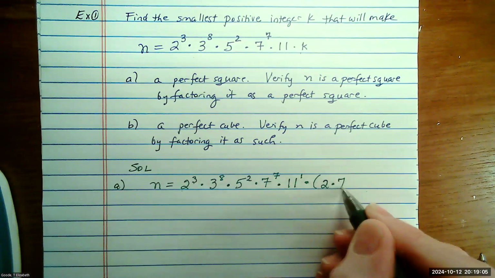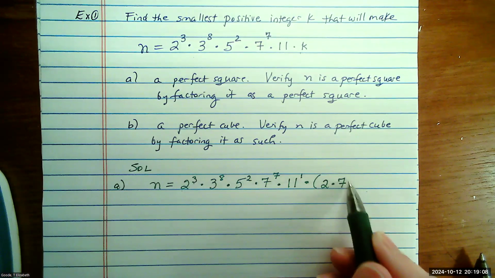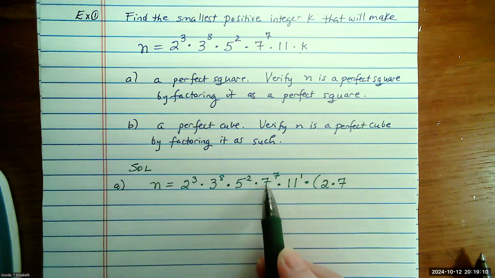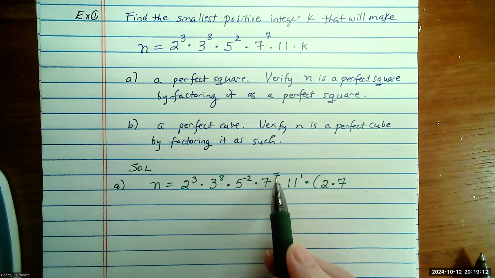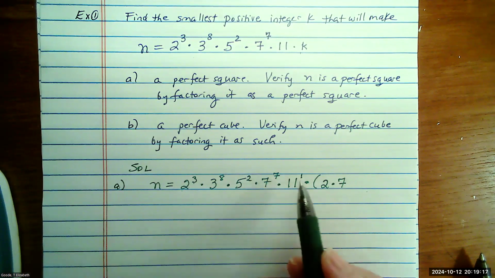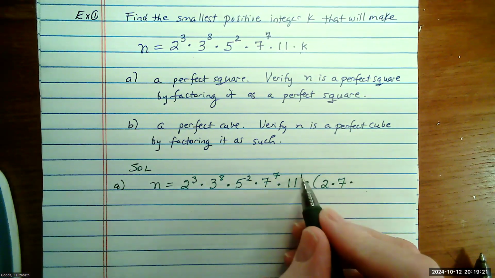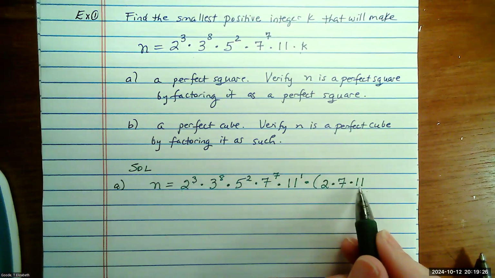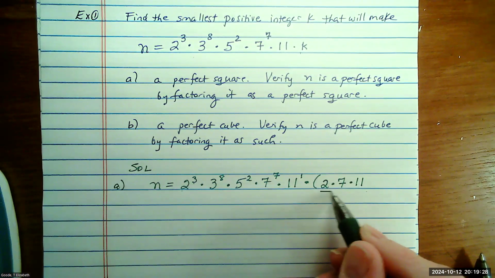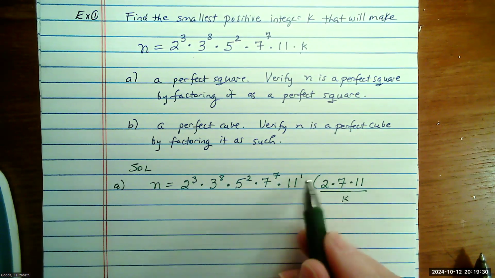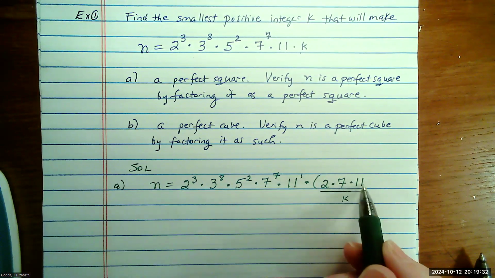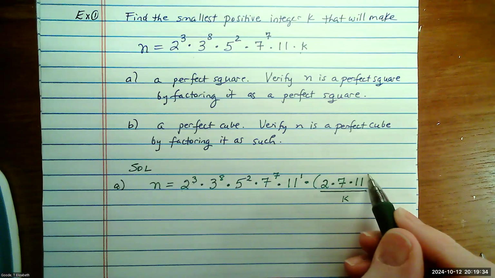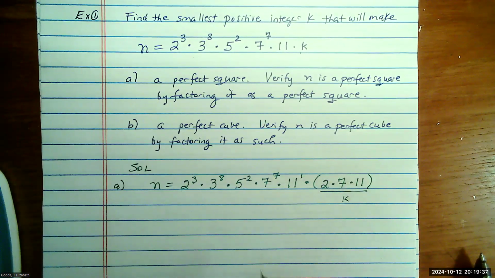So if we add a factor of 7 to the 1, then this will become 7 to the 8th, and of course 8 is divisible by 2, and that will correct the 7 to the 7th factor. 11 to the 1, of course, won't work because 1 is not divisible by 2, but if we add the factor of 11 here to the k that we're building, see we're building k here, then that will correct 11 to the 1, and it'll be 11 to the 1 times 11 to the 1, or 11 squared.